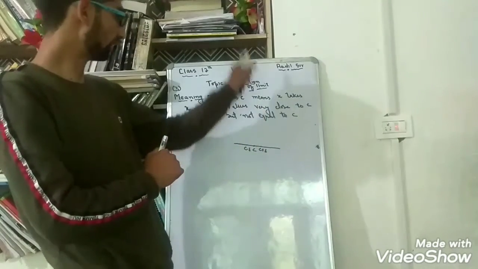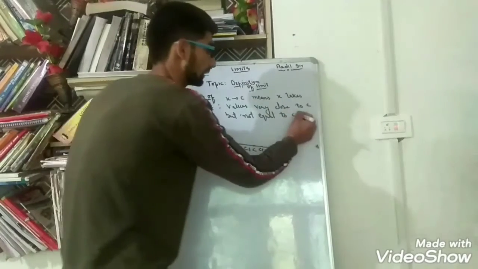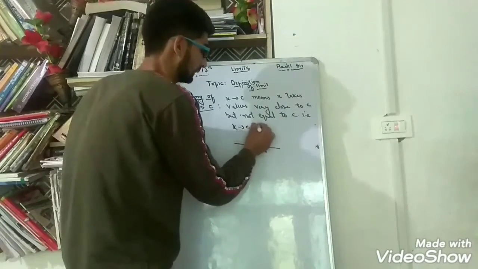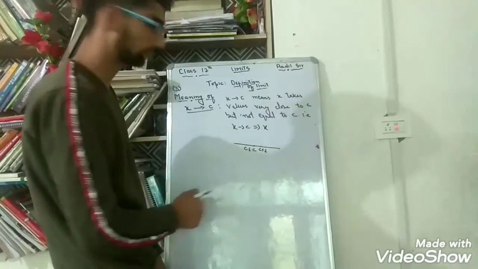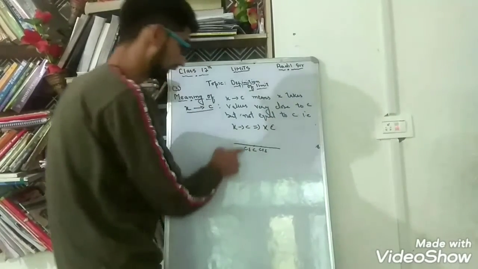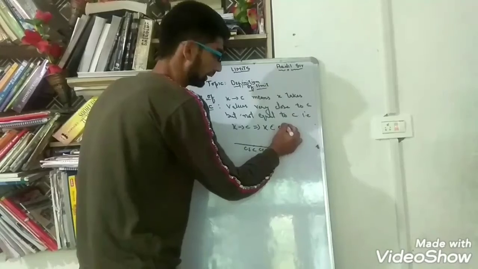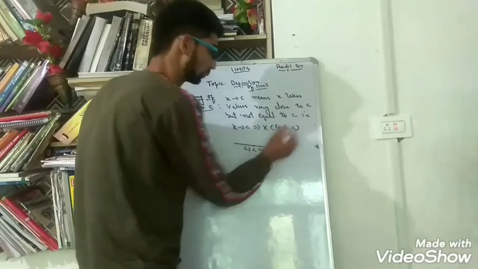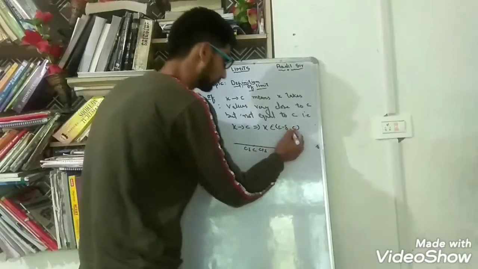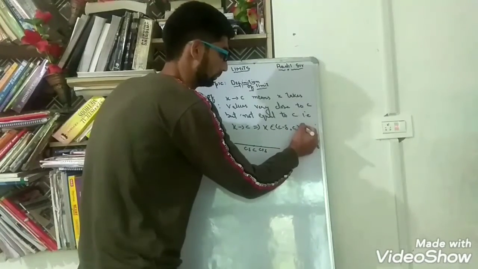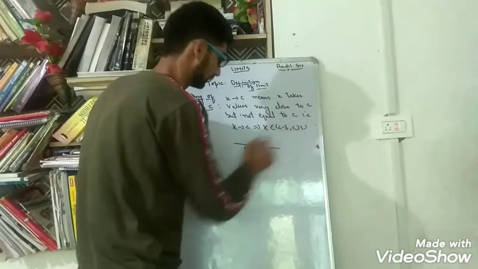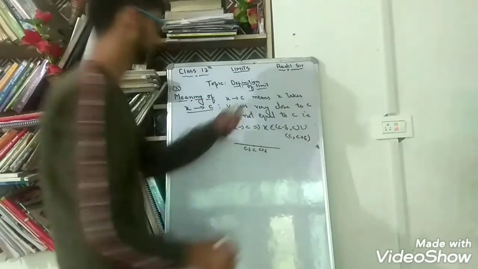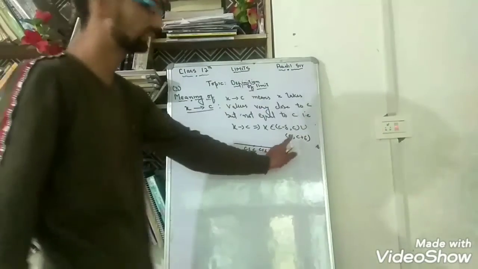So this condition is also similar. I can write it as: x tends to c implies x belongs to the interval from c minus delta to c plus delta, but we have to exclude c, that is, the union of c minus delta to c and c to c plus delta. We can write this action x to c also as this.